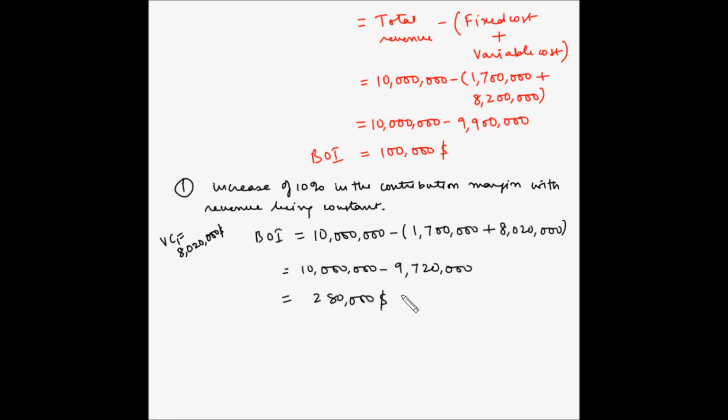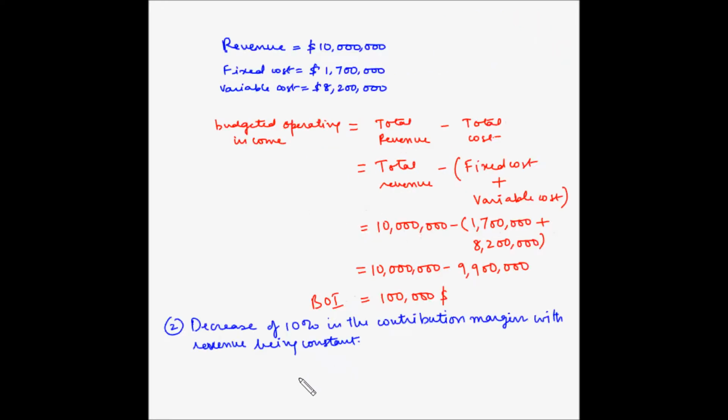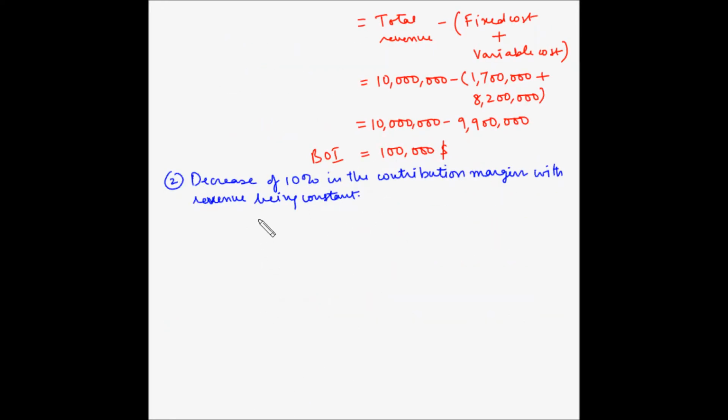Now let's take the second case, which is the impact of decreasing the contribution margin by 10% with revenue being constant. Now, in the previous step, we had determined that the original contribution margin was equal to $1.8 million.